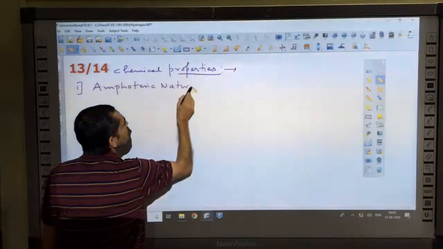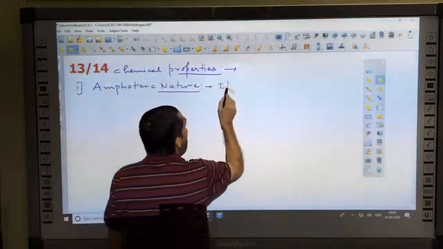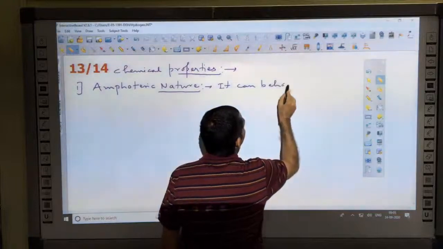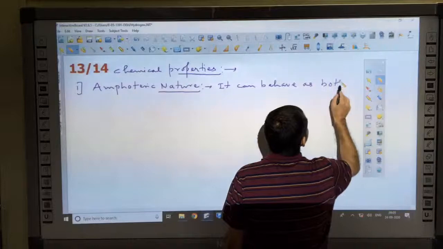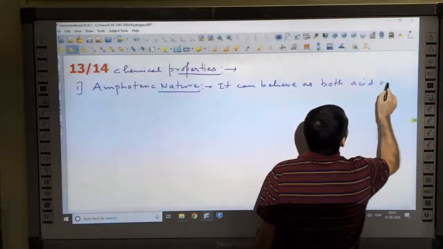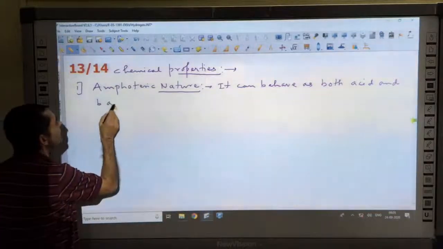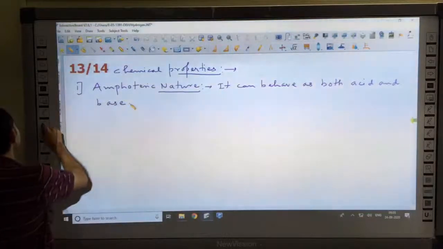Amphoteric nature means what? It can behave as both acid and base, both acid as well as base. So its nature is amphoteric. Let us see the reaction.